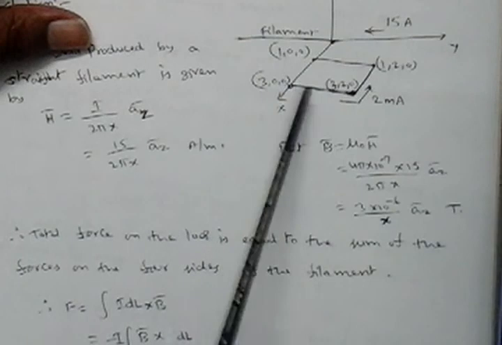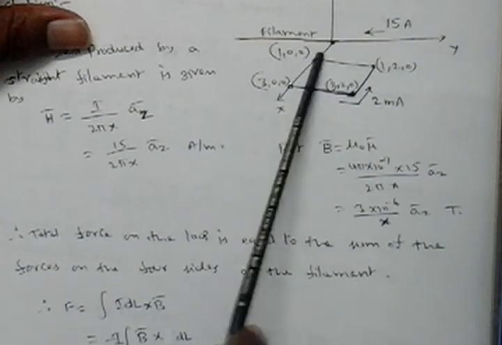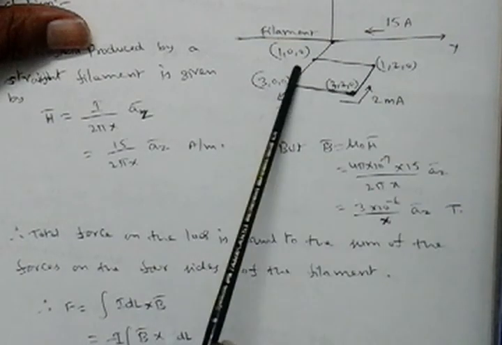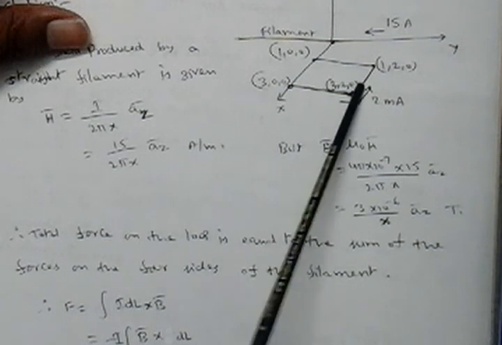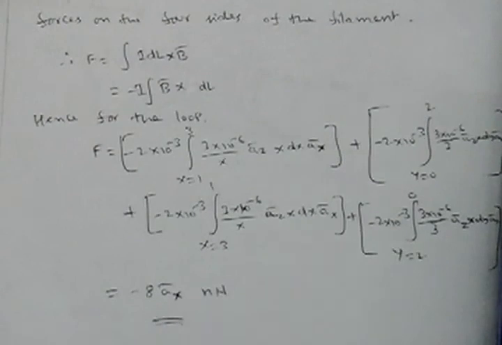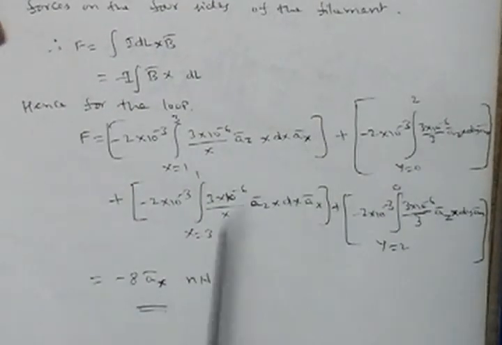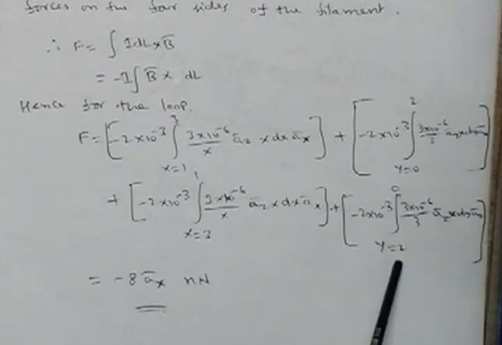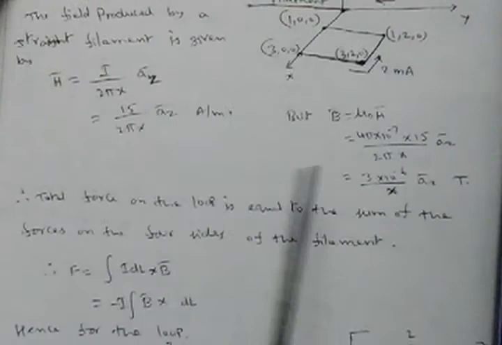Taking x direction, y direction, x direction, y direction, that means this side is parallel to the y-axis, this is also parallel to the y-axis, and these are along the x-axis. That is 2 ax bars and 2 ay bars, with the limits changing as per the data.